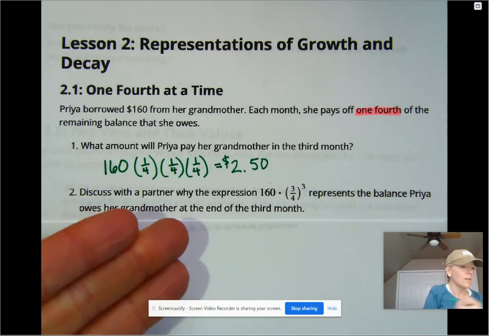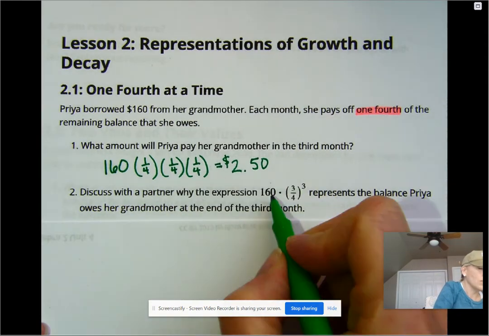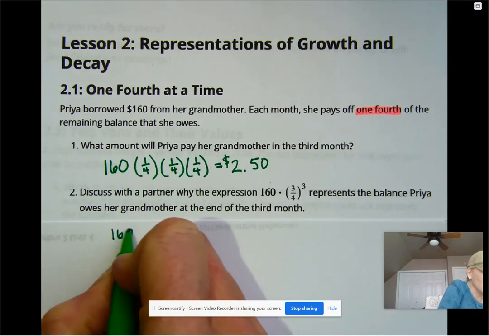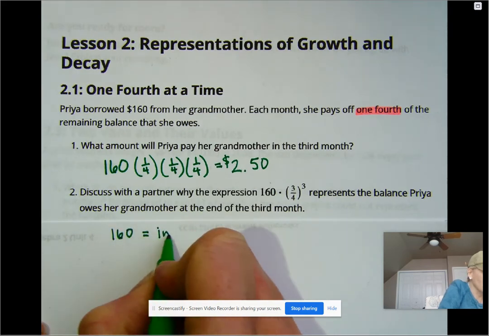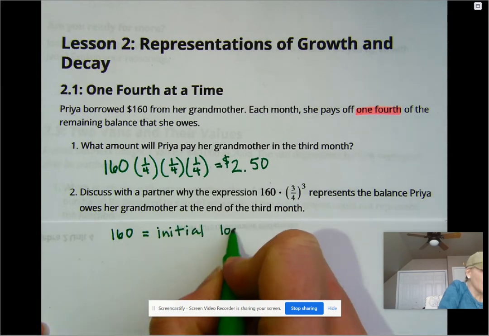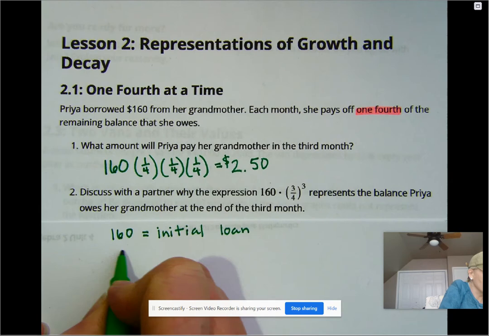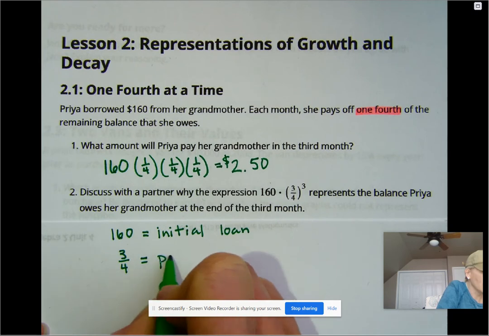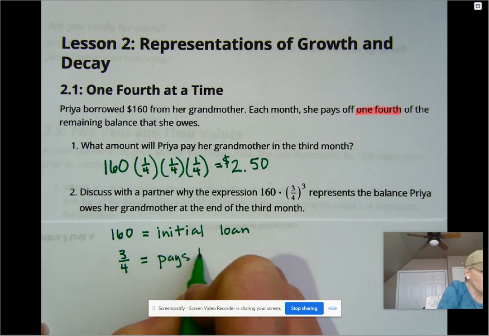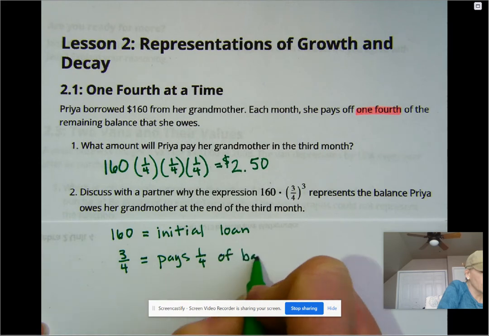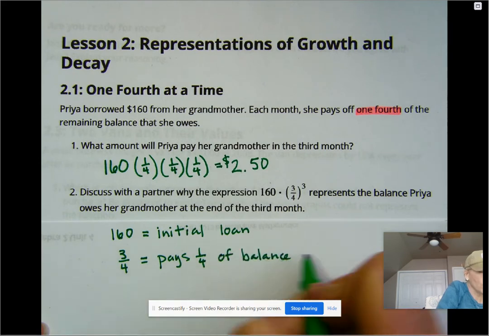Does that make sense? So this part of the equation, the 160, is the initial loan. And then the 3/4, well, the 3/4 represents that if she pays 1/4 of the balance, then 3/4 remains.